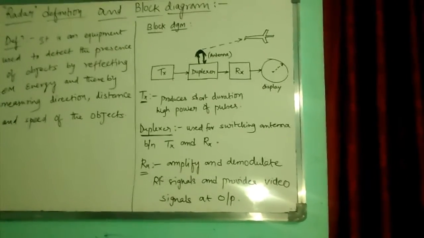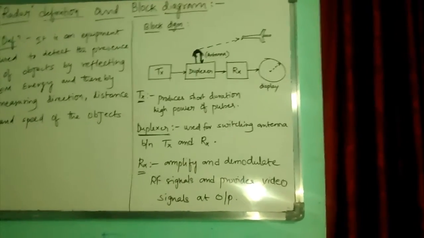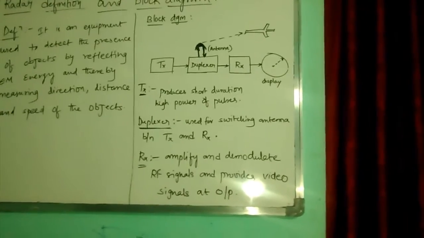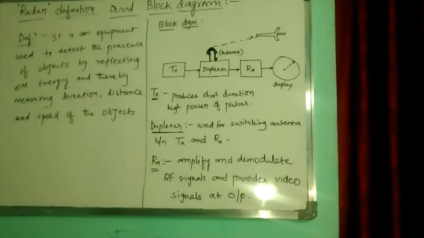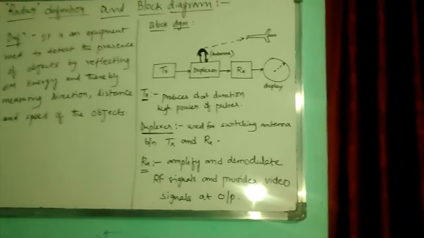So the path for the transmission will be transmitter, then duplexer, then duplexer to antenna, antenna to the target.